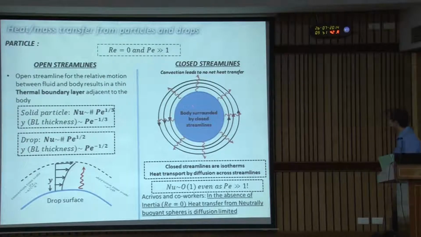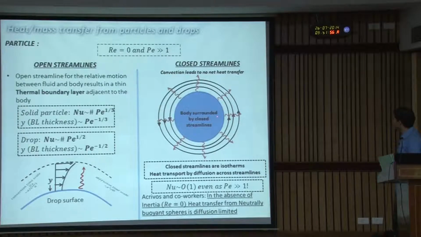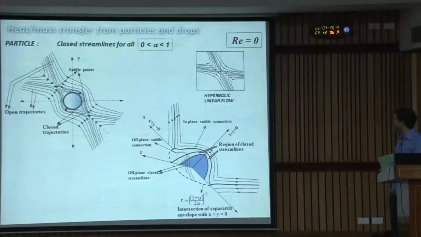So, what happens is that this really becomes a diffusion problem. Remember, we solved the diffusion problem in the absence of flow, where the constant temperature surfaces were spheres. Now, the only difference is we have to solve a diffusion problem with the constant temperature surfaces being the stream surfaces. They are not spheres, but whatever are the surfaces associated with the Stokes velocity field.